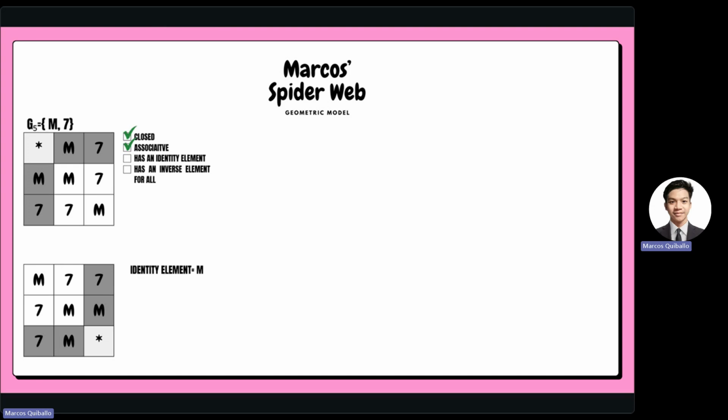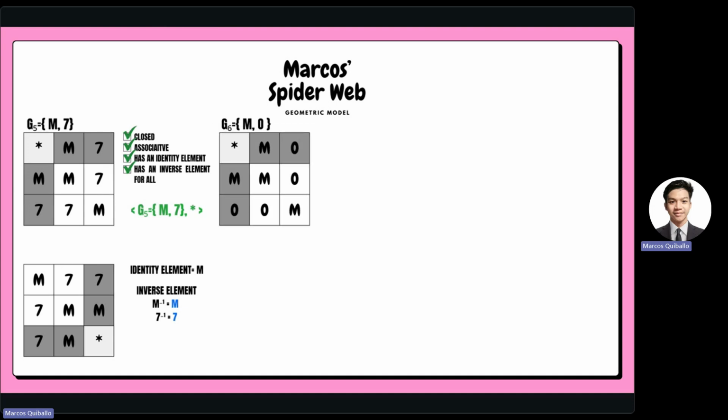It also has an identity element, which is M. It also has inverse elements for all: the inverse of M is M, and the inverse of 7 is itself. So G5 is also a group. So G6, let's look if it is a group.